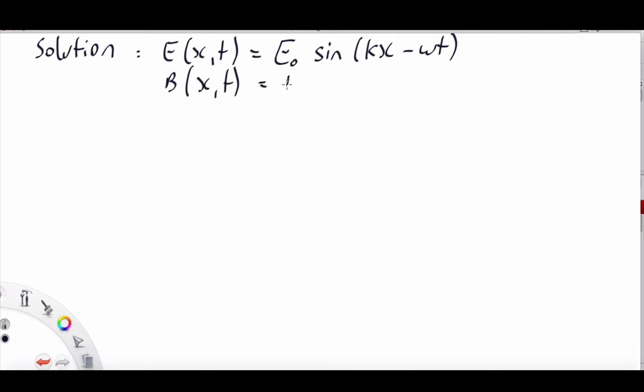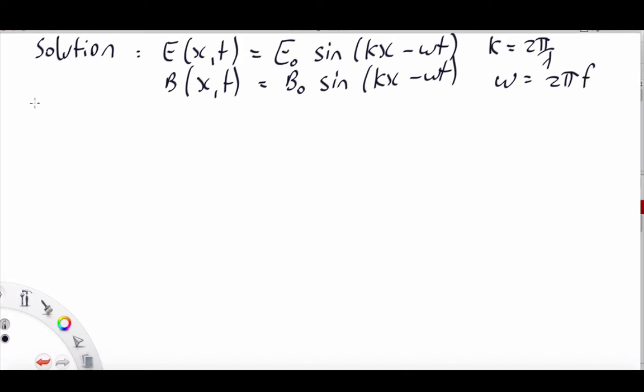B is also a sine wave, so it is B₀ sin(kx minus ωt). And we remember that k is the angular wave number, 2π over λ, and ω, the angular frequency, is 2πf.